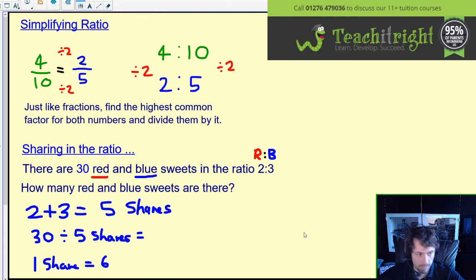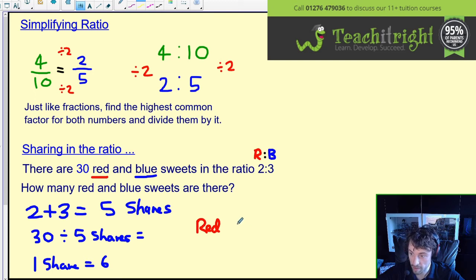What that means is, if I know 1 share's worth, I can work out any number of shares. So if I needed to work out the total, I would go back and do 6 times 5. In this case, I want to know how many red sweets there are and how many blue sweets there are. Well, for red sweets, because we've labelled our ratio clearly, I know that the red are going to get 2 shares.